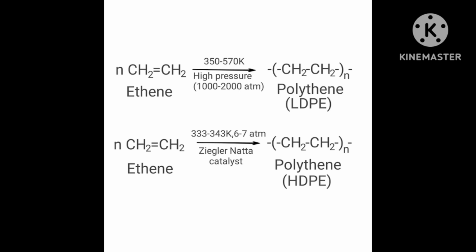Here peroxide is used as a catalyst. The low density polythene, also called LDP, obtained through free radical addition and H atom abstraction, has a highly branched structure, and its mechanism will be the same.